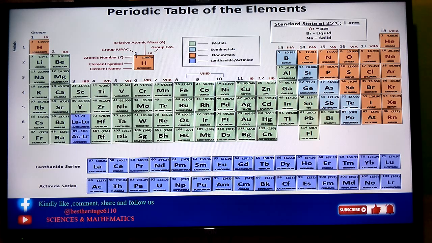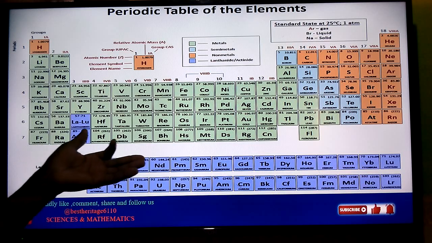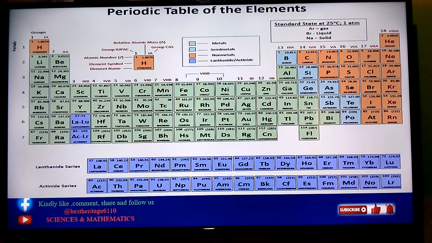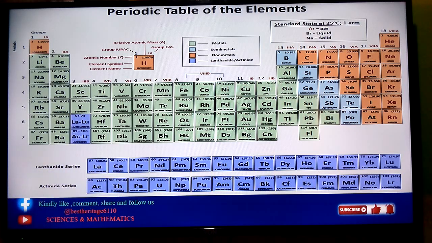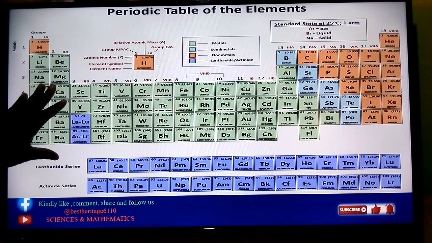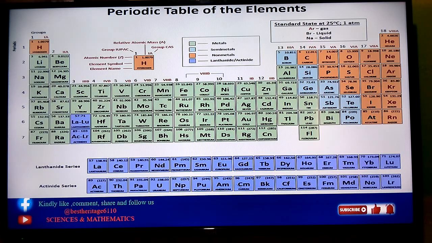But there was one of the challenges encountered in the development of the periodic table. After many of the elements were discovered, trying to arrange the elements in order of their properties together with the atomic masses posed a challenge, as there arose some aspects of their physical and chemical properties.